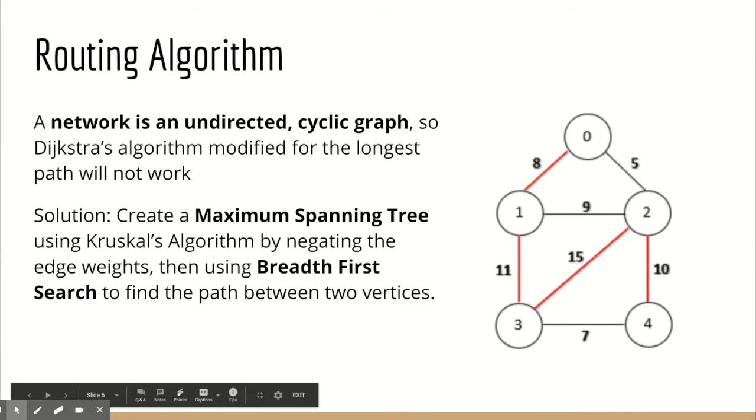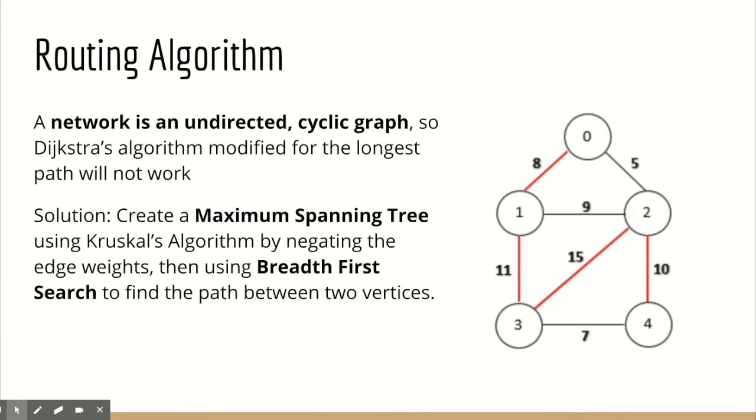An important part of our project so far was designing the routing algorithm we would use to take packets the scenic route. However, a network is an undirected cyclic graph, so modifying Dijkstra's algorithm to take the longest path instead of the shortest path wouldn't work. So instead, we're going to create a maximum spanning tree using Kruskal's algorithm by negating the edge weights, and then using breadth first search to find the path between the two vertices.